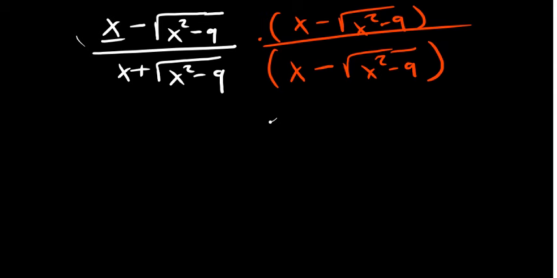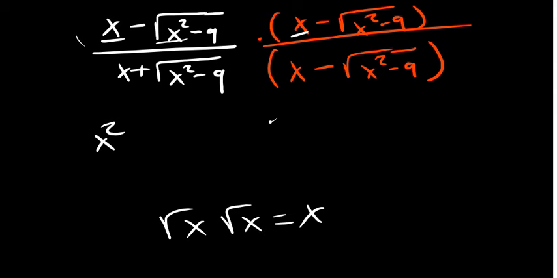X times x is x squared. Then what is in the root there multiplied by what is in the root there? They are basically identical. Just like we said, the root of x by the root of x is equivalent to x. So whatever is in the brackets is going to stand.